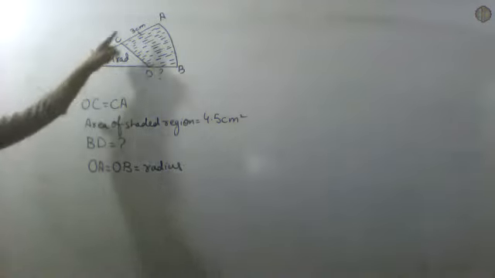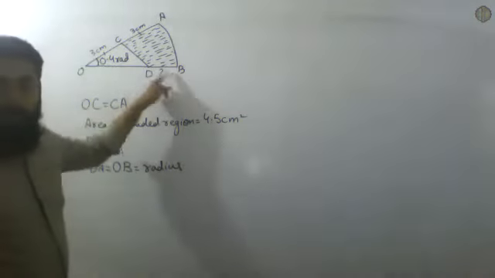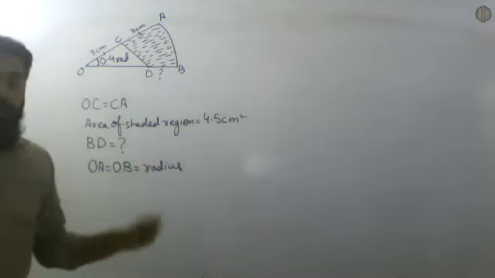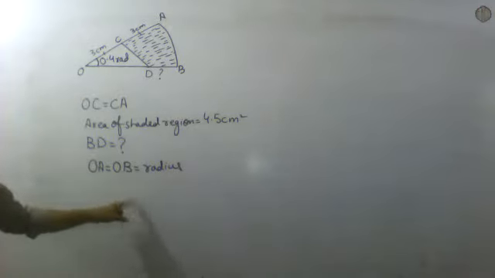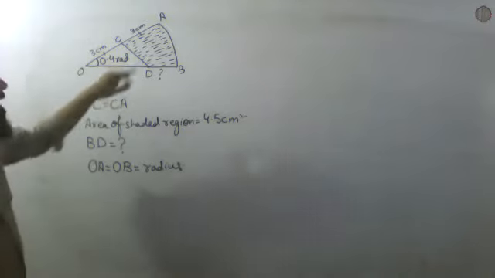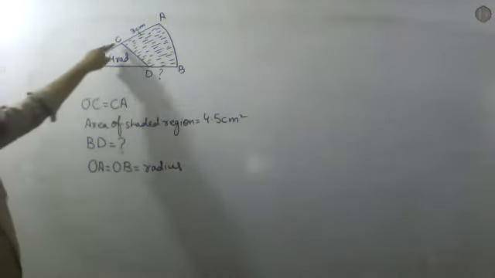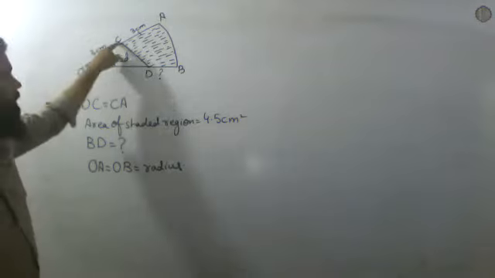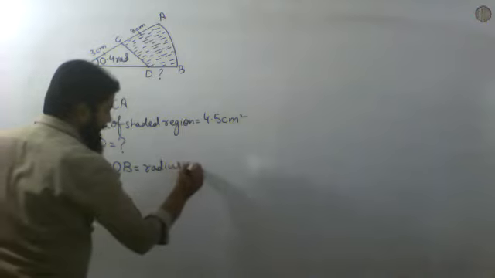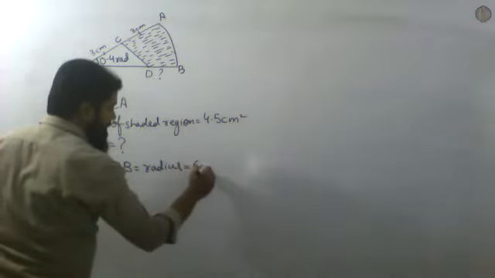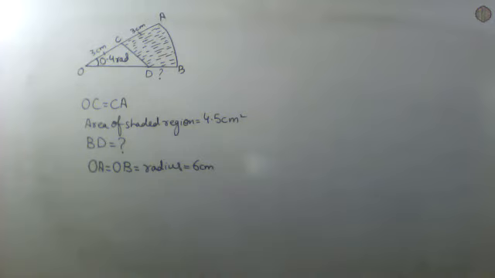Because they have told us in the start OAB is a sector, O to A and O to B is a radius. And what will be the length of the radius? From O to C it is 3 centimeter. From C to A it is 3 centimeter. It means the radius is 6 centimeter.